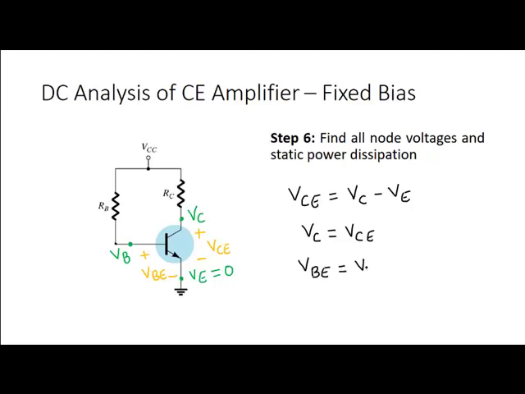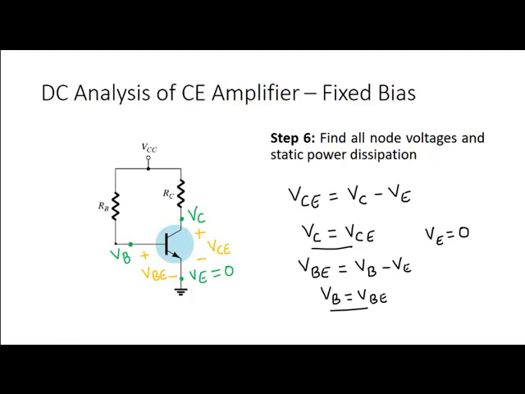VBE can be written as VB minus VE. VE is once again 0. So node voltage VB is the same as VBE. So we found VC, we found VB, and we already know the node voltage VE, which is equal to 0 for fixed bias configuration.